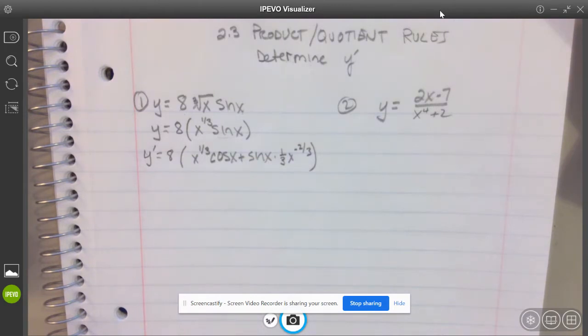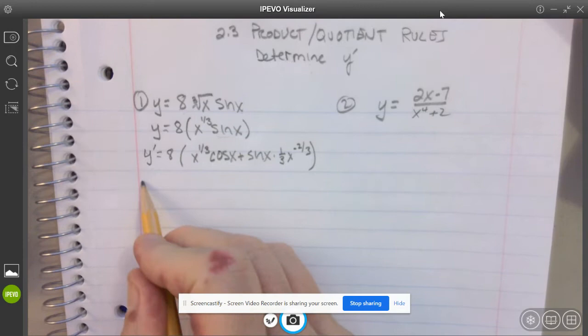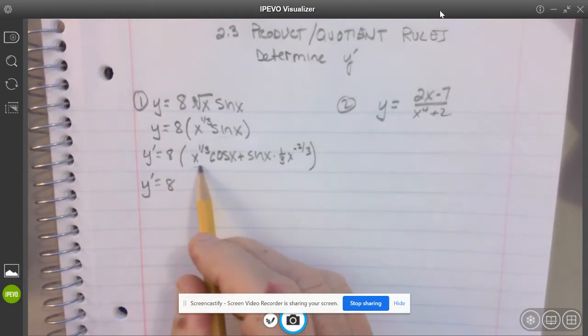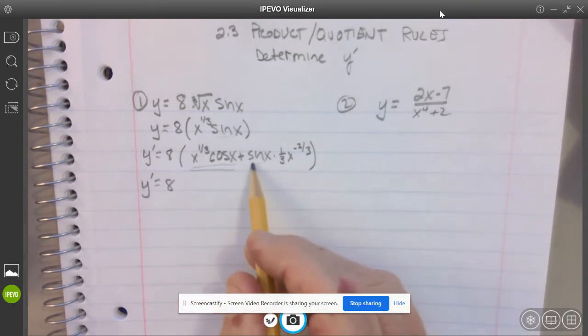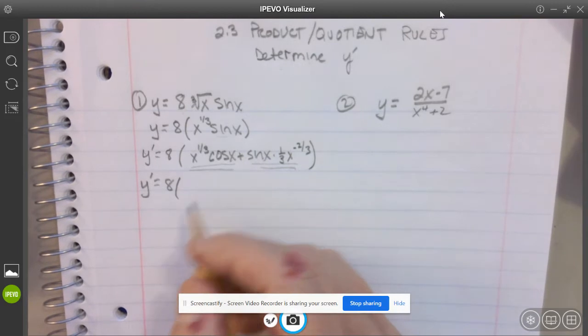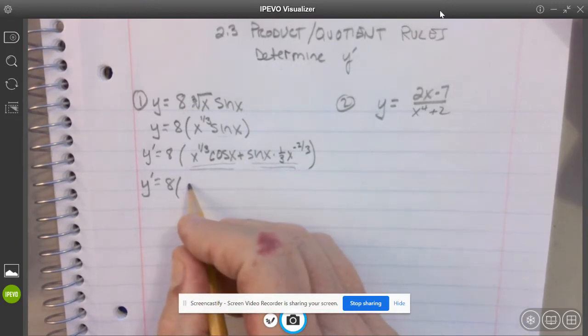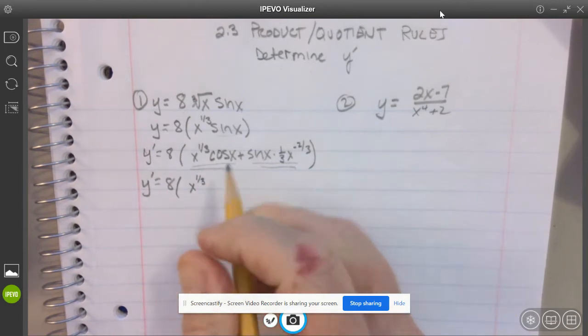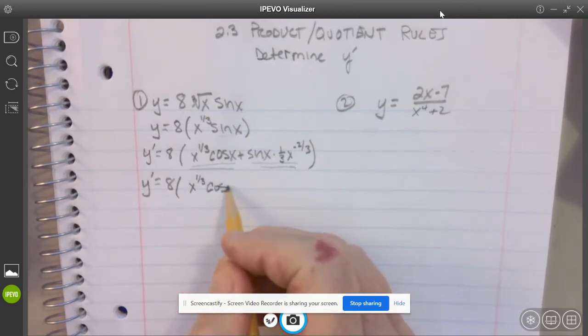Before I simplify things, I like to clean everything up. And what I mean there is there's two terms here, and there's always two terms in the product rule because there's a plus. Clean those up by combining everything you can and putting the constant terms out in front, the x's or the algebraic parts second, and the trig parts last.